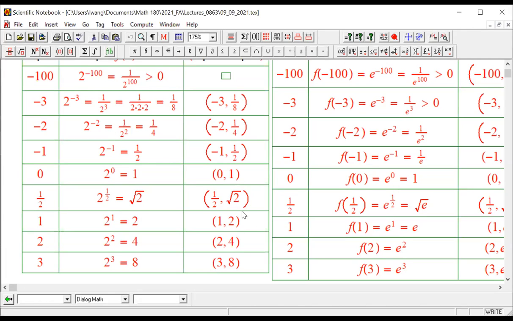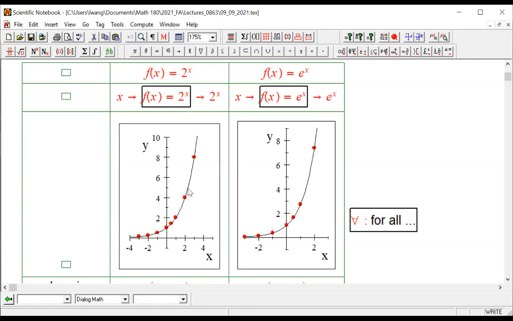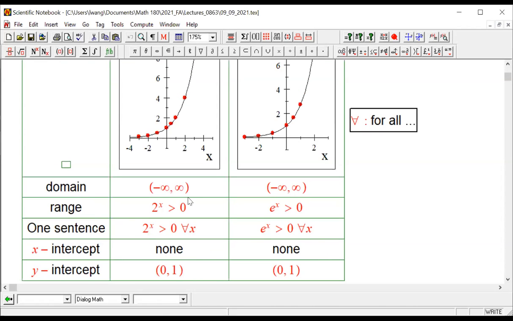So your output will be different, but for the same input, you plot those dots, and when we summarize all these pictures, we will get exactly the same answer for domain, for range, for that one sentence, and for x-intercept and y-intercept. Yes? Do you want to put that together now?